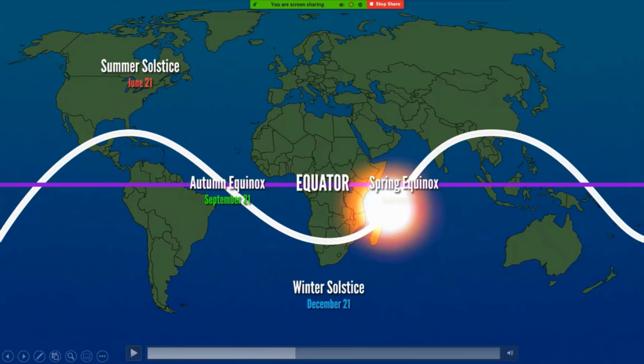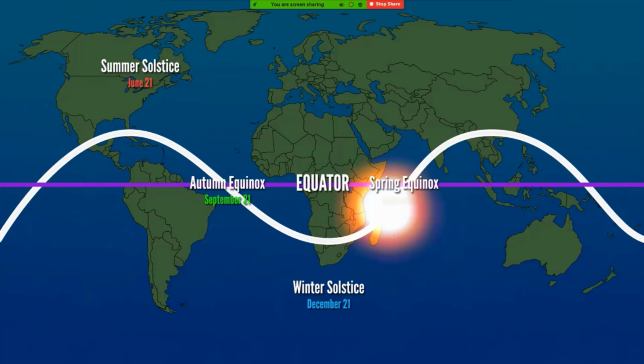When the sun came above the equator, they said it resurrected, right? Because it came above the equator. So the sun dies down here, and then it rebirths, and then it comes back to life again. And as it crosses, March the 21st is the equinox. That was the resurrection. So what they've done is they've taken Christ the person, and they've made Christ the person into some kind of a natural phenomenon.